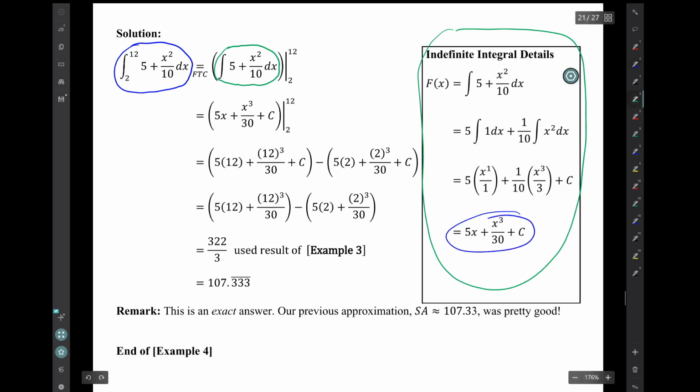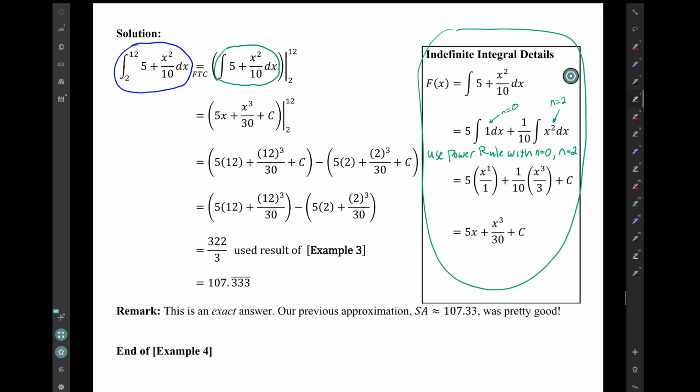Notice in this step we have a power function with n equals 0, and in this step we have a power function with n equals 2. So when we use the power rule with n equals 0 and n equals 2, these were the results. And then we take the results of that indefinite integral and we substitute them back into those parentheses.